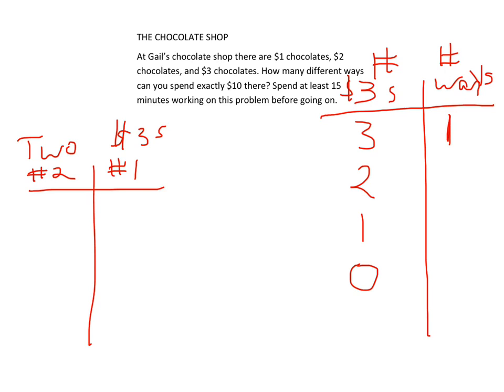We could either have 2 2s and no 1s, 1 2 and 2 1s, or no 2s and 4 1s. So these are all the ways we can do it if we start with 2 3s. There are 3 different ways.